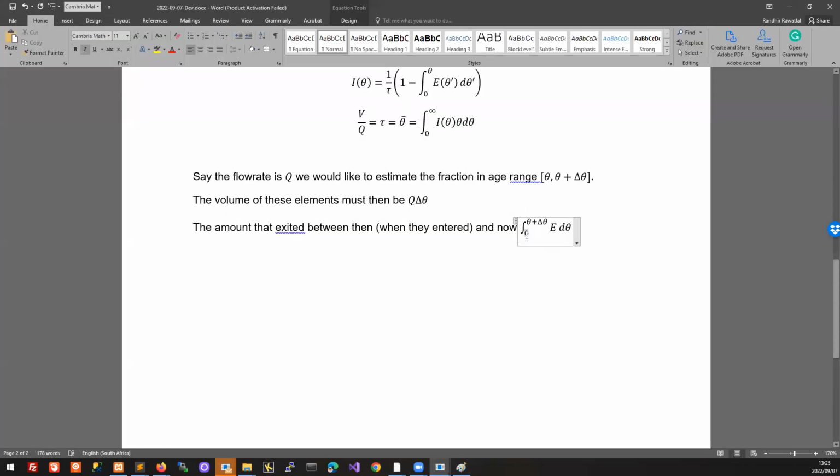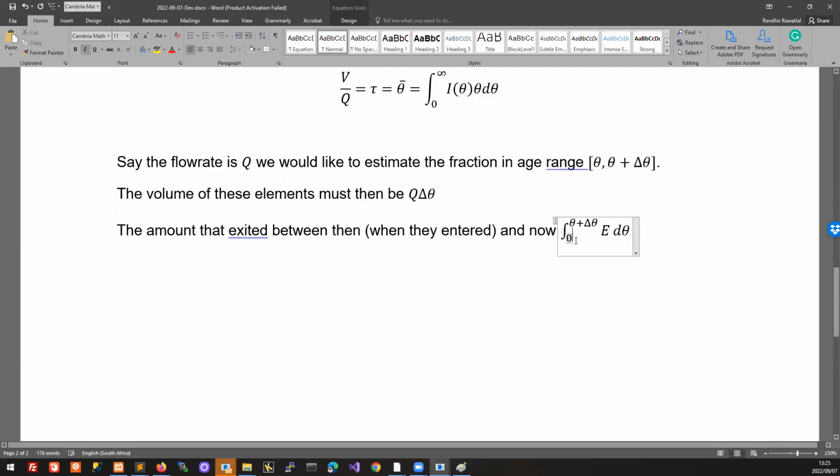So from age 0, they were exiting the reactor all the way up to age theta. That, if you like, is the fraction that exited over that time period. So between when they entered and now, when they are age theta, that's the fraction that exited.